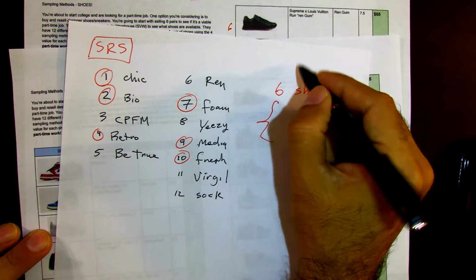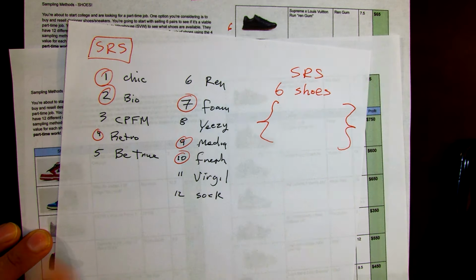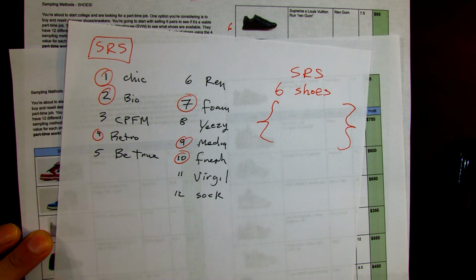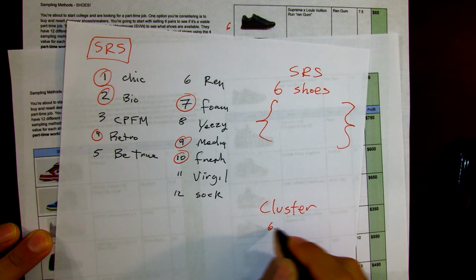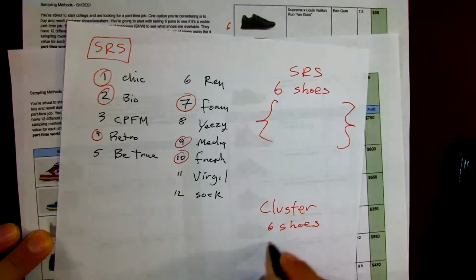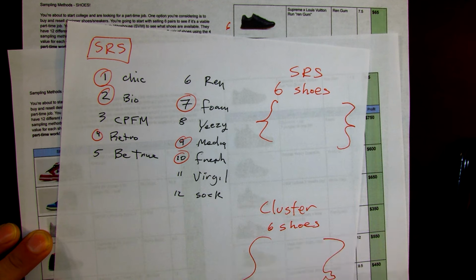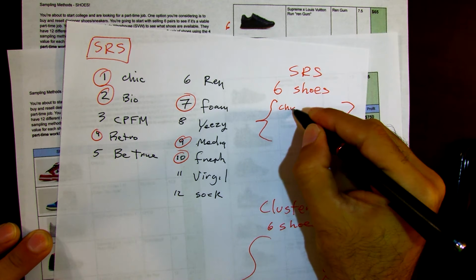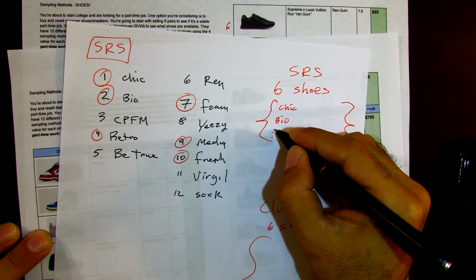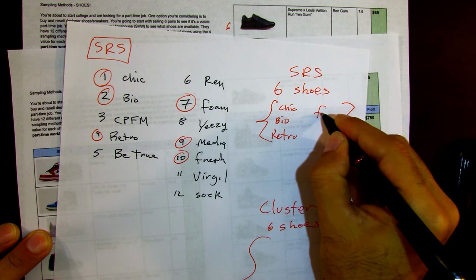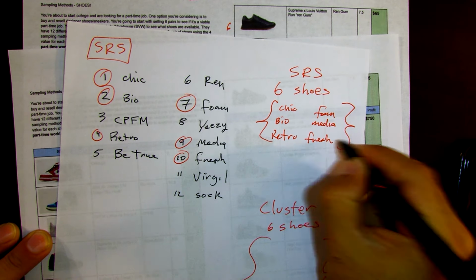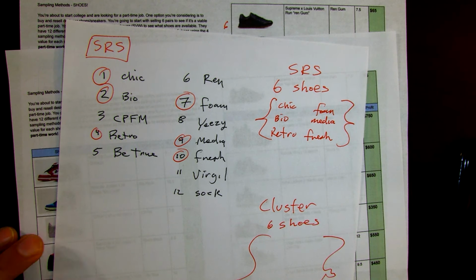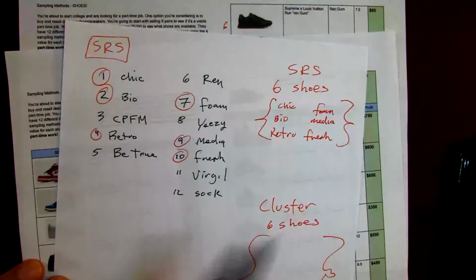We're still getting 6 shoes, and we'd put them in here. So I'd put Chick, Bio, Retro, Foam, Media, Fresh. If you can figure out with different colors, you might not have to rewrite these. I don't mind as long as you give me a sample set where I can see your answers really clearly.